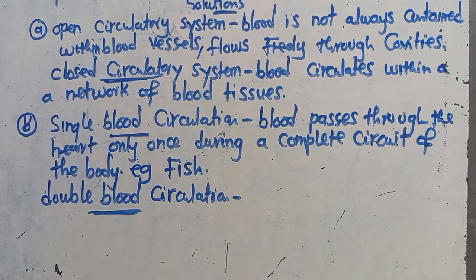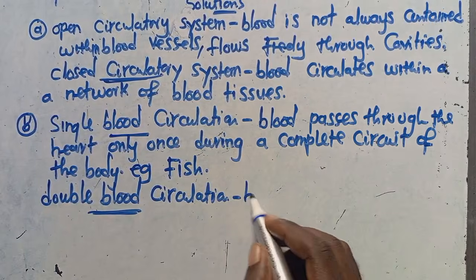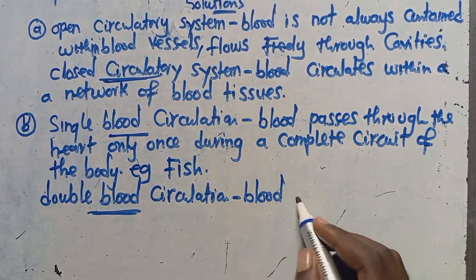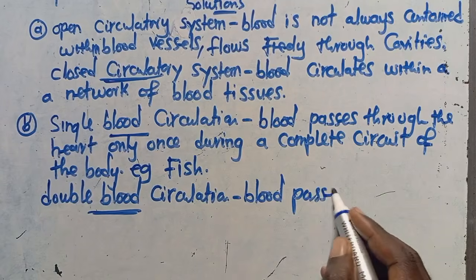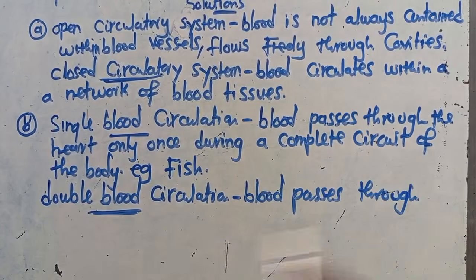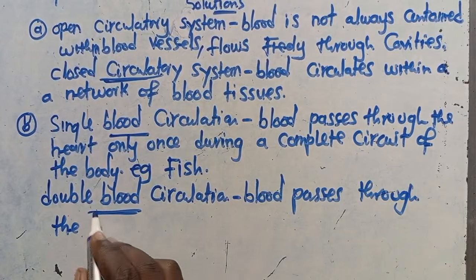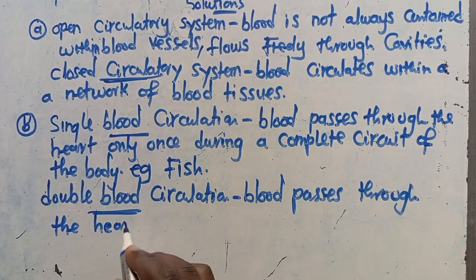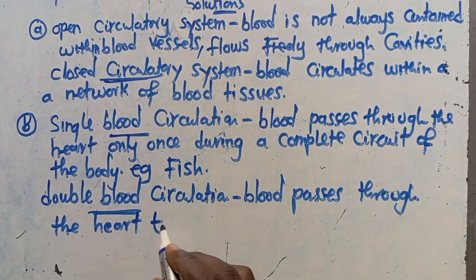So double blood circulation: we are talking about a system where the blood passes through the heart twice.